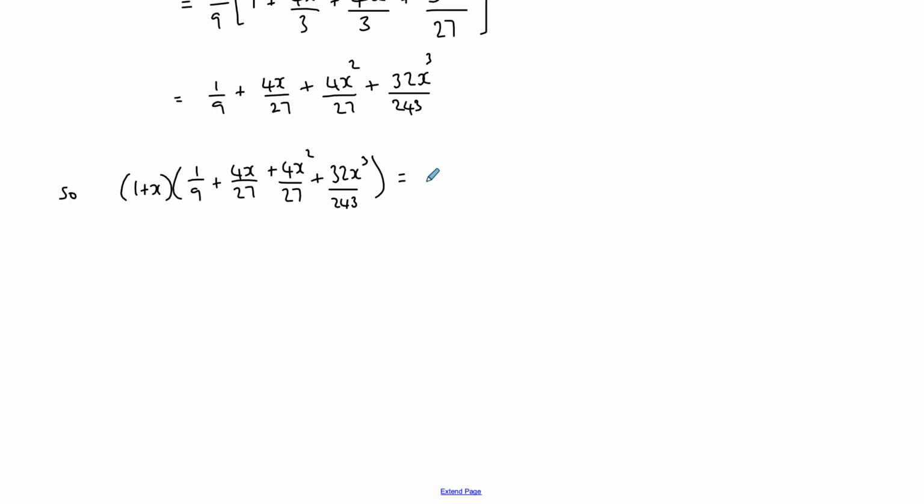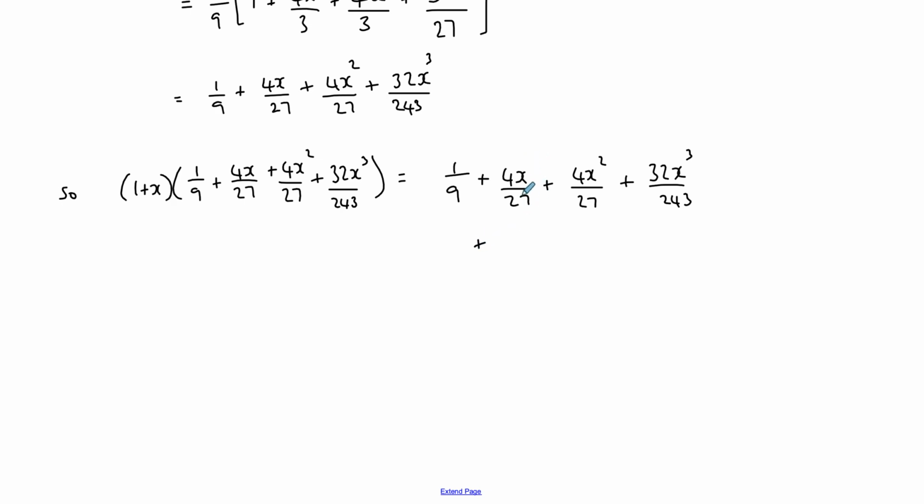Okay, we're going up to x cubed. When I times the 1 by everything, it's just going to be the same thing again. But then I'm going to add on x times everything.